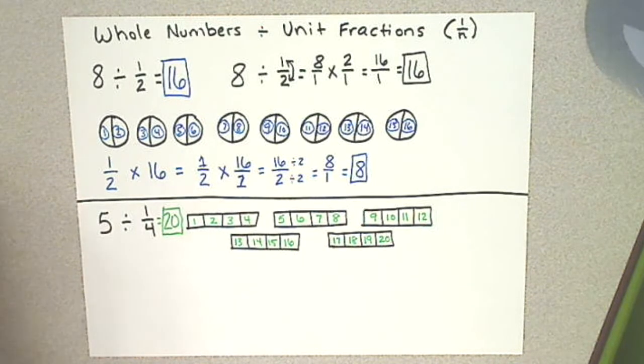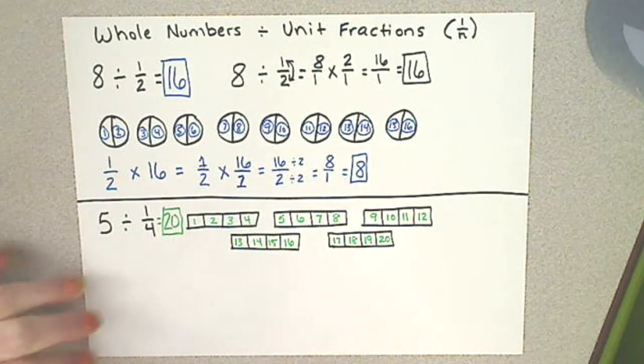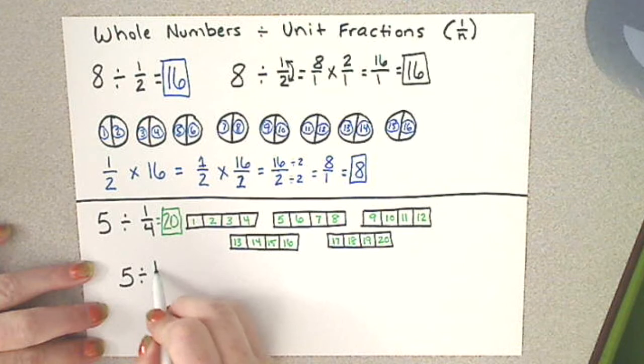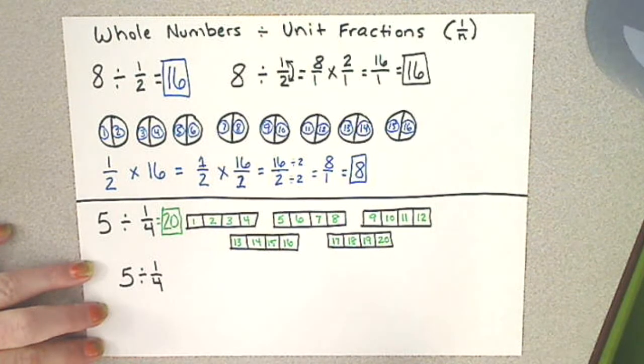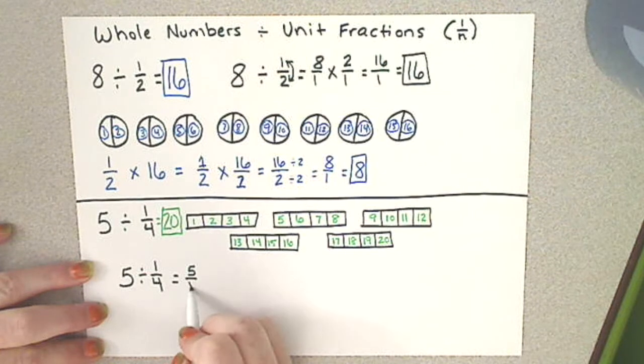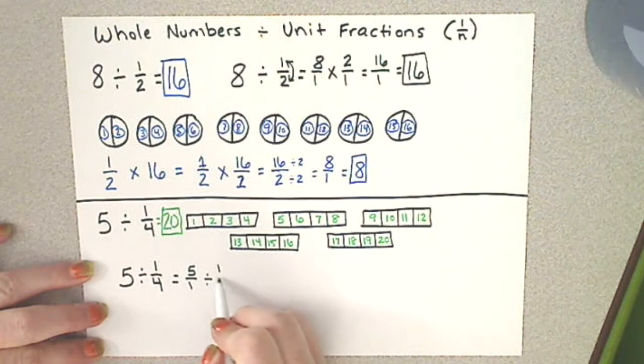And how this looks with the standard algorithm. We have 5 divided by 1/4. We're going to change this to 5 over 1 divided by 1/4.